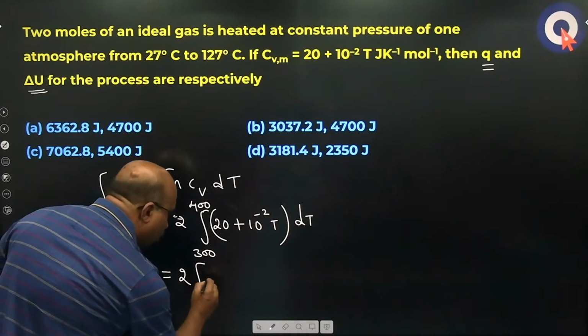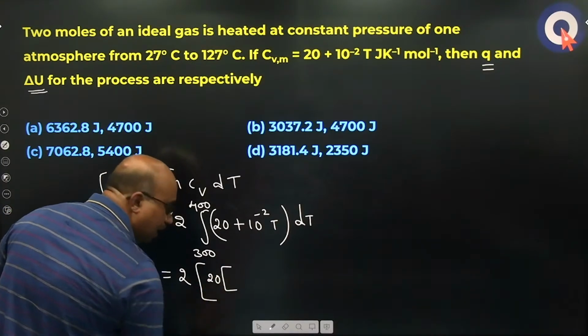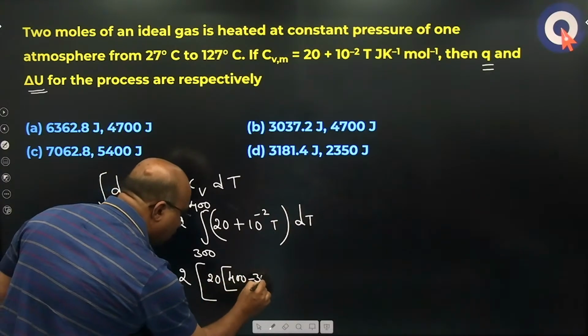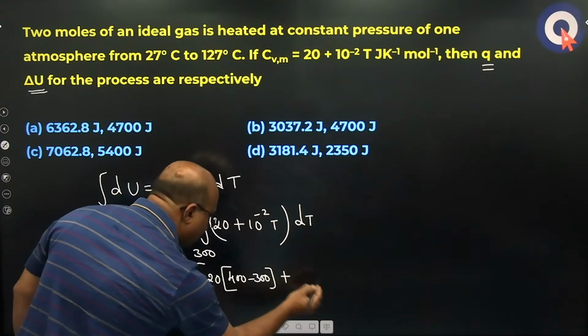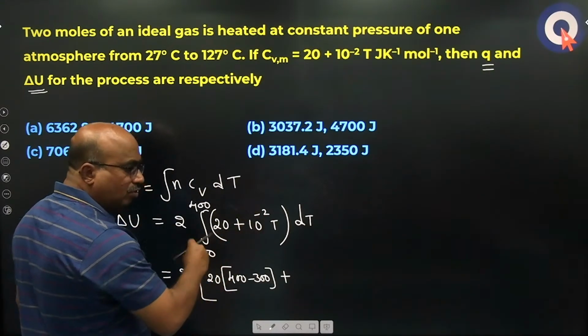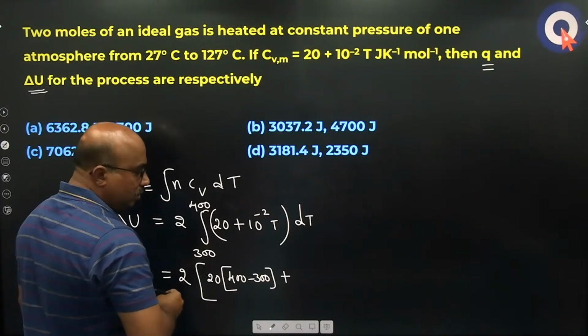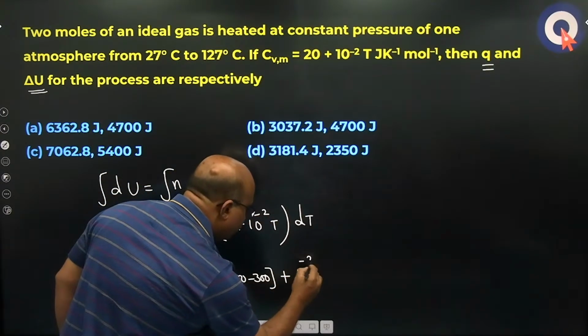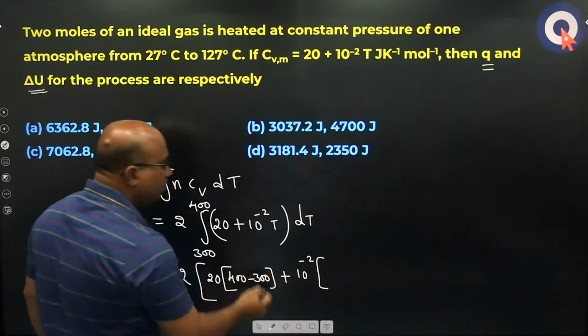So it's 20 into T2 minus T1, that is 400 minus 300, plus 10 to the power of minus 2 which you can take outside. Clear? What is the integral of T? This is again T square.